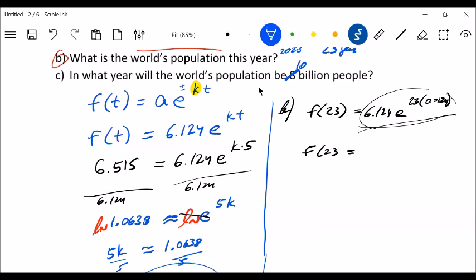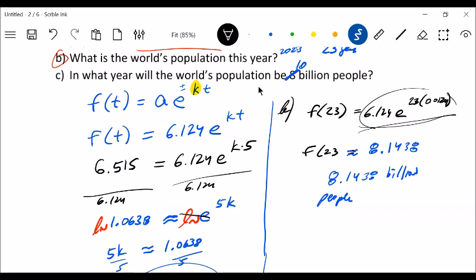Okay, and that gives me 8.143, round to about 38. Okay, and that's in billions. So that's actually 8.1438 billion people. Probably at the end of the year, possibly at the middle.